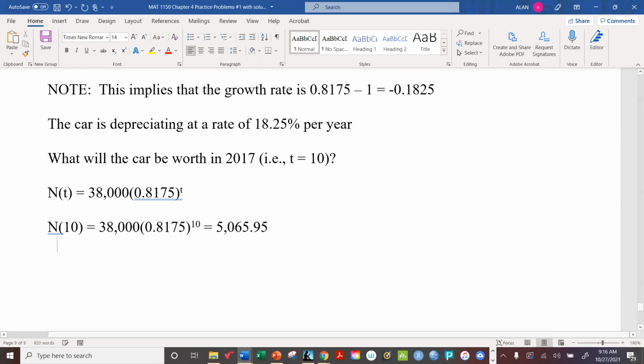So that's how much the car should be worth at that time. All right, so that's how that one works.